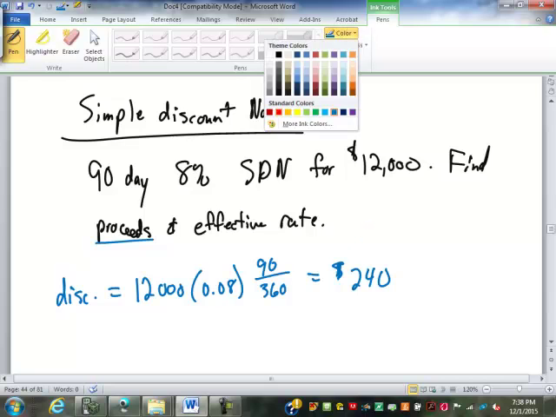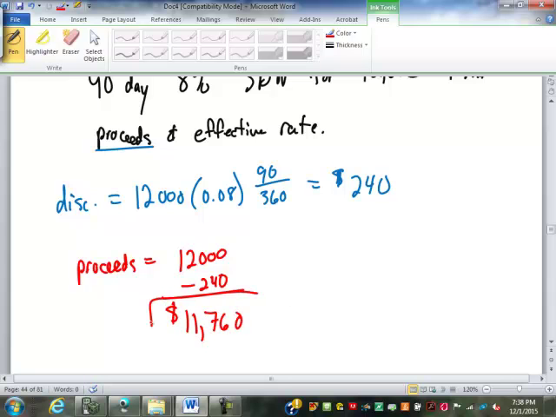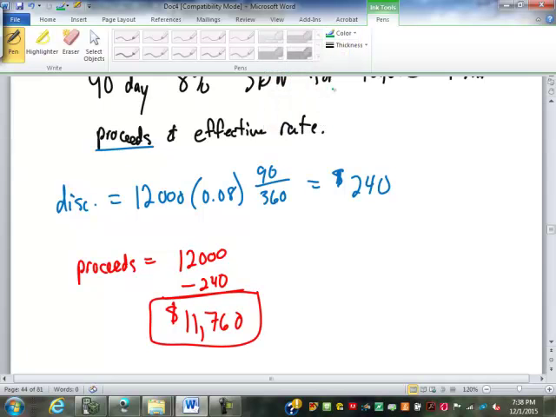That's the discount. So that would make the proceeds $12,000 minus $240, or $11,760. That's the amount of money you actually receive from the bank for this loan.